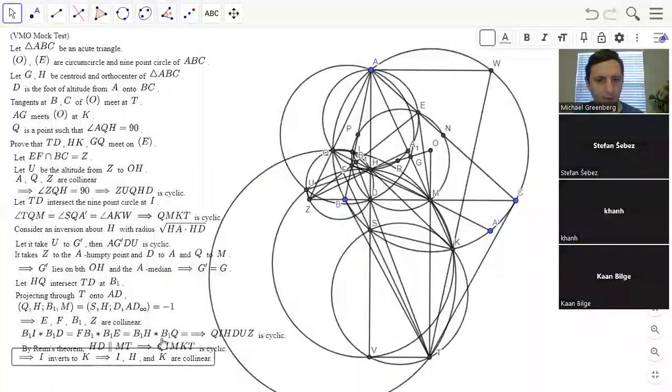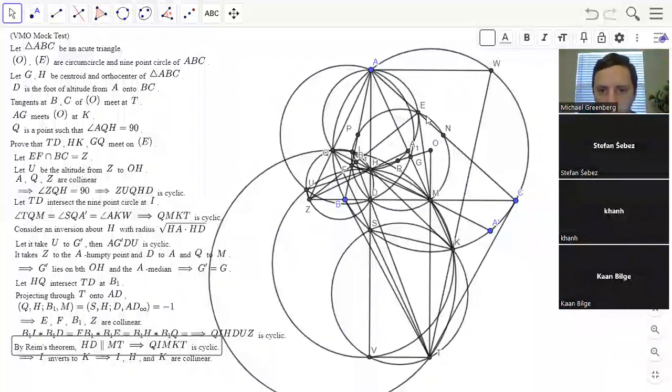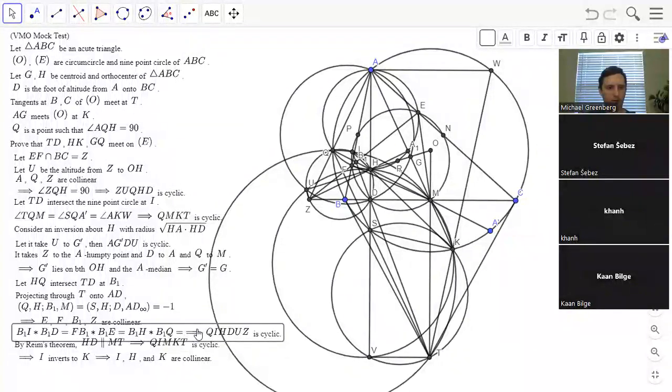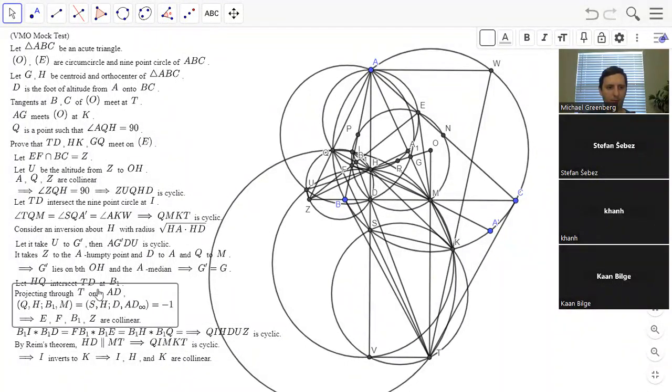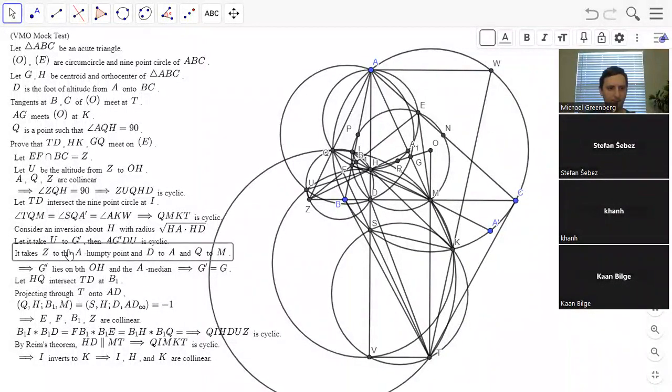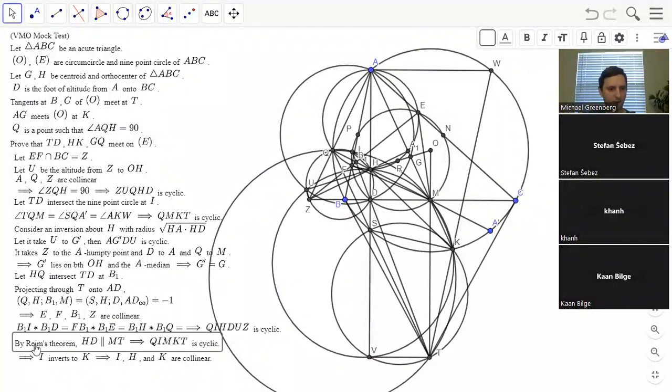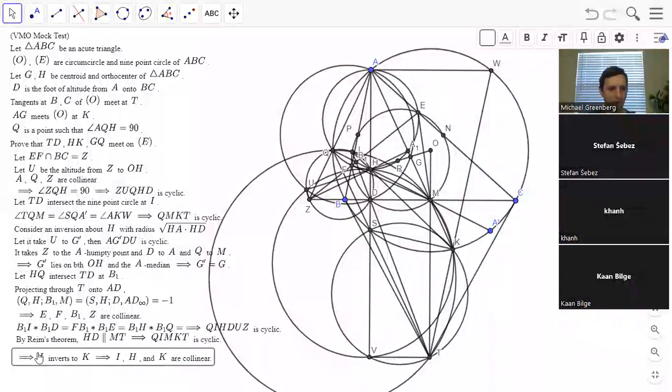So I, H, and K are collinear, so we know that part of the problem. And then now we want to show that Q, I, and G are collinear. All right. Let's try to make every little bit of room that I can here. Okay, here is another thing I just found.